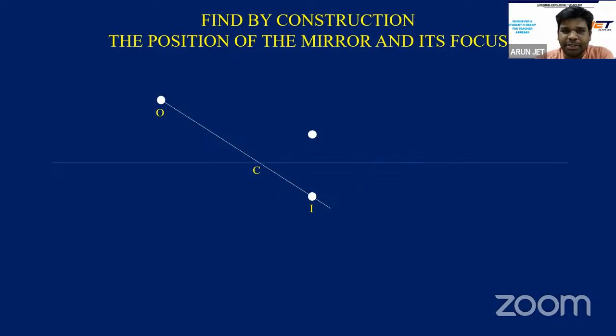I repeat. I take the mirror image of the image I with respect to the principal axis, exactly at the same distance above the principal axis. If I join this point and the object, this hits the principal axis at the pole of the mirror, which reflects and passes through I.